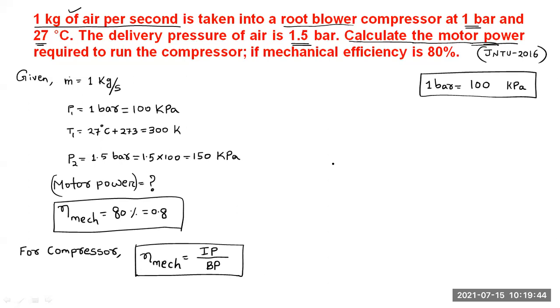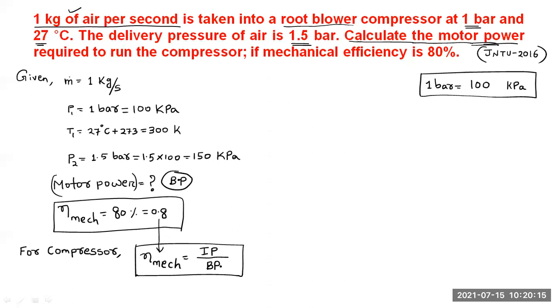Exactly, it will be brake power, because this motor or external rotor is attached to the shaft, and from the shaft, whatever the power we get, that is nothing but brake power. So in this question, motor power means we have to calculate the brake power.